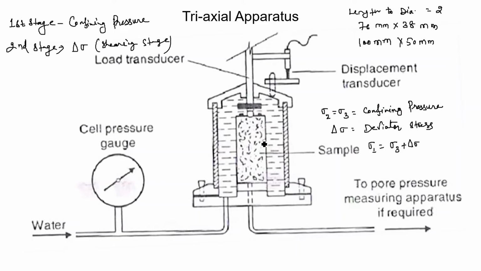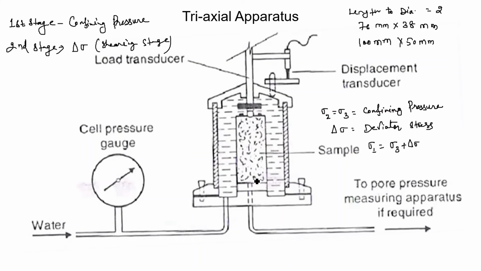Due to this pore water pressure developed, there will be a tendency of consolidation. So we allow drainage, this drainage path is kept open and consolidation is allowed in the CU test in the first stage.